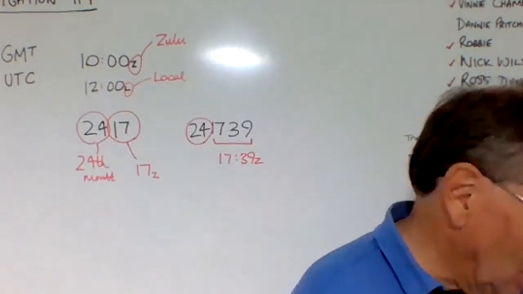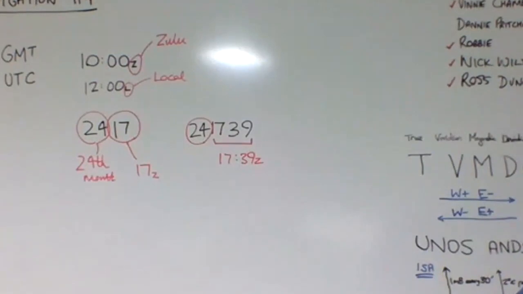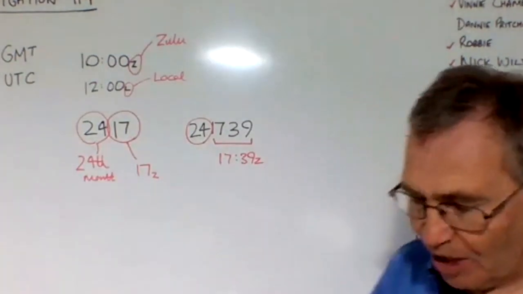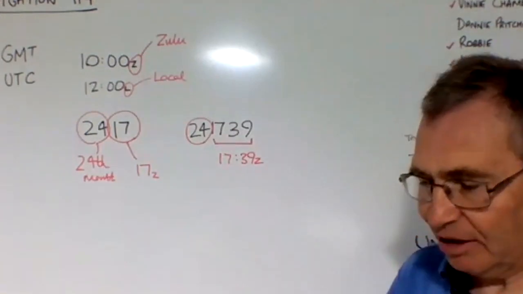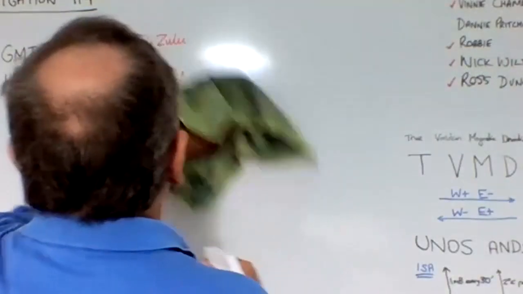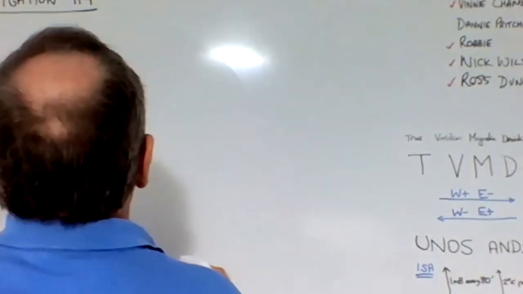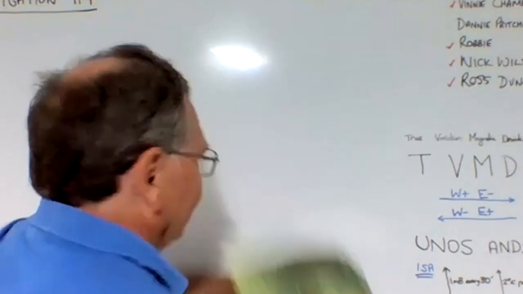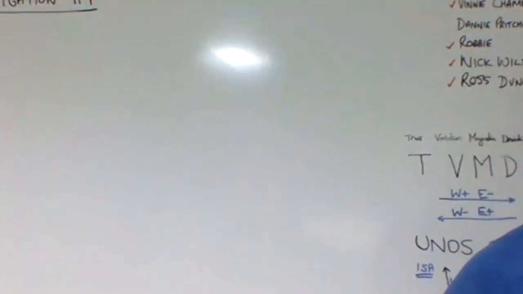So we talked about time, how do we know the difference between day and night? Well, obviously, one's black, one isn't black, but there's a bit more technical.